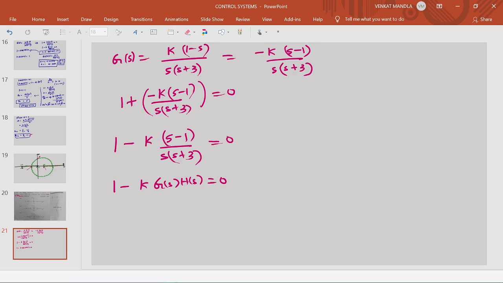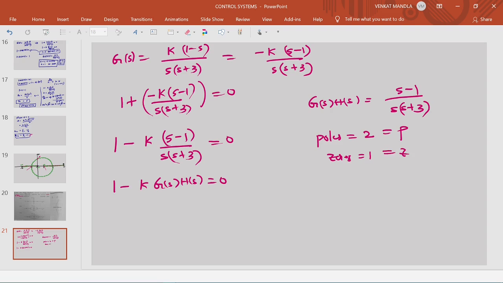From this, G(s)H(s) equals (s minus 1) by s into (s plus 3), with poles equal to 2, that is P, and zeros equal to 1, that is Z. From this, P minus Z equal to 1, that is the number of asymptotes is 1, and the number of complementary root locus branches going to infinity is also 1. That too will reach infinity through this asymptote. Now, what are the poles?